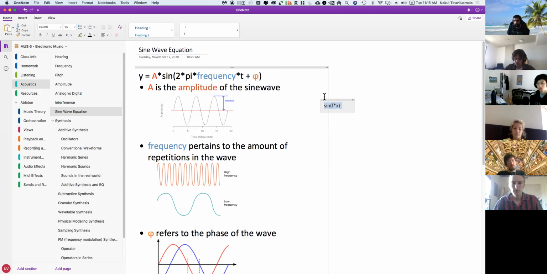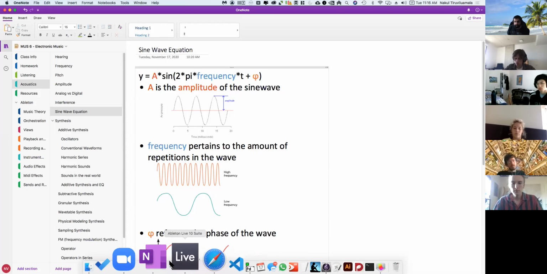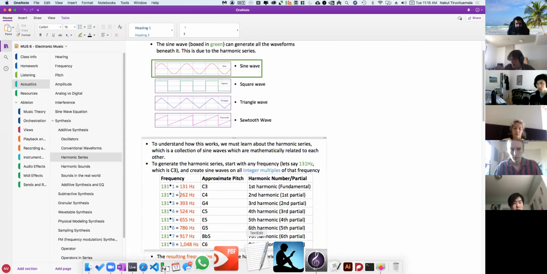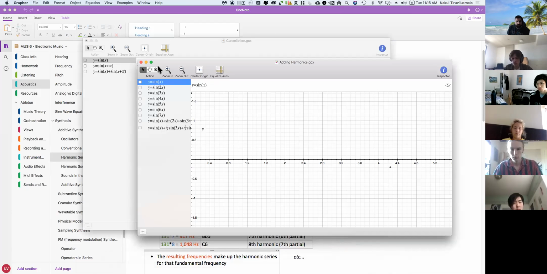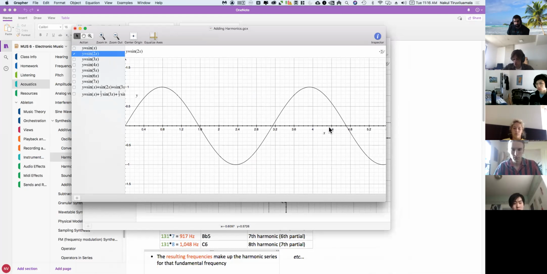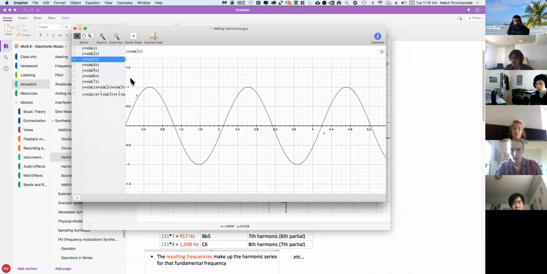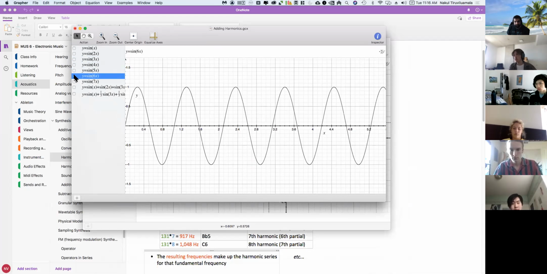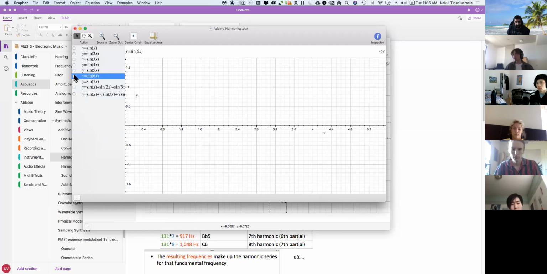So if we do sine of 1x, essentially, if we're looking at this particular graph that I've made, sine of x is just one particular cycle of the wave, right? Whereas sine of 2x, you see 2 repetitions of the wave. Sine of 3x, you see 3 repetitions of the wave. 4x, 5x, all the way to P90x. But basically, you see these increasing repetitions.